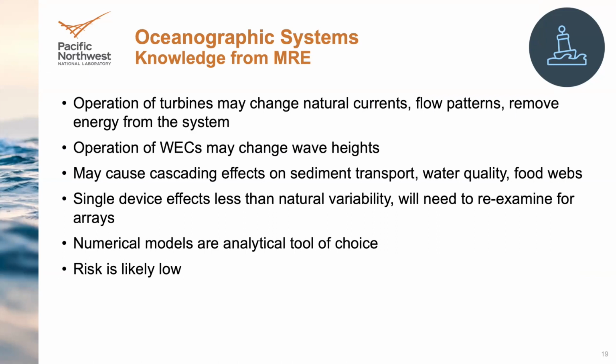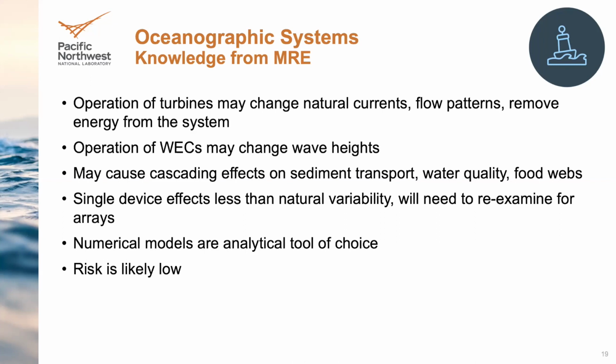Same with wave energy devices. You may change wave heights, and this was a big issue with surfers early on until the theoretical limits were shown to be changes of a few millimeters. The concern here is if you had enough of this going on, though, you could have cascading effects on sediment transport, eventually water quality, and marine food webs.